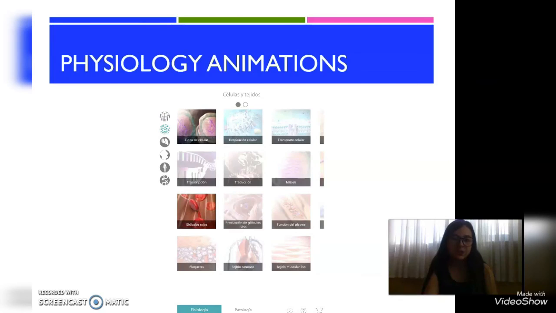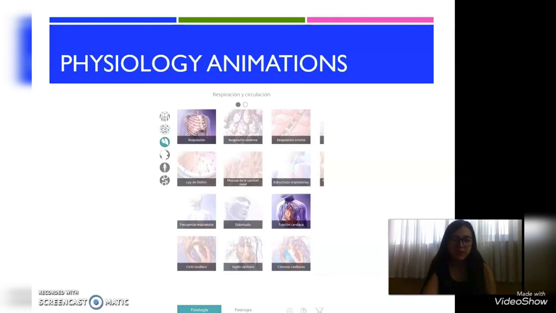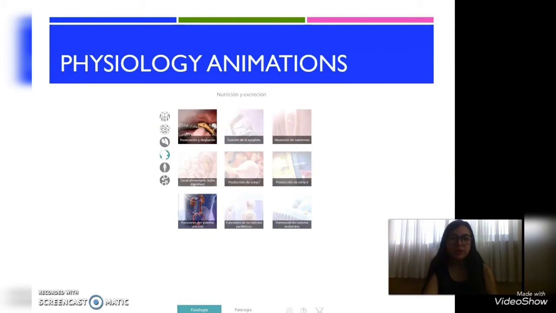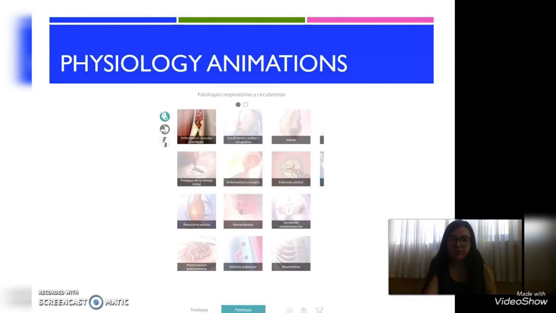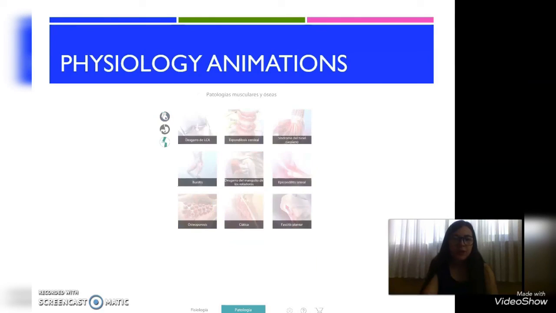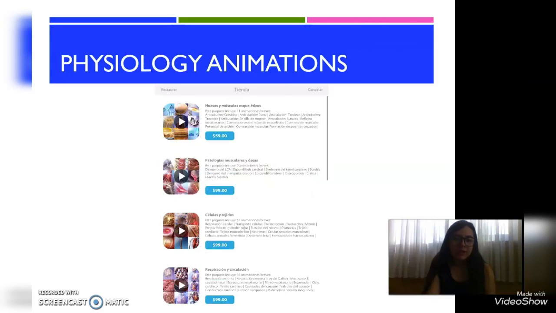Cells and tissues, breathing, nutrition, among others. If we enter muscle and bones pathologies, we can find carpal tunnel syndrome. Only it is a premium service.